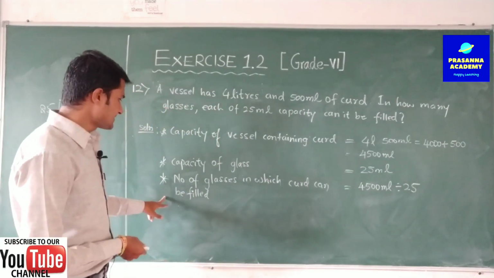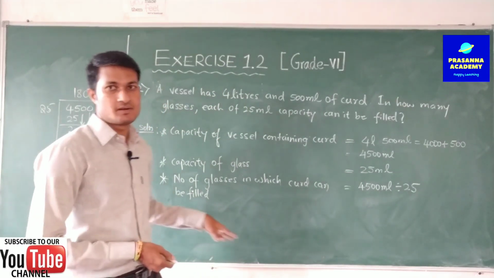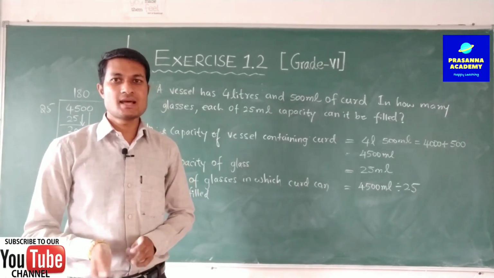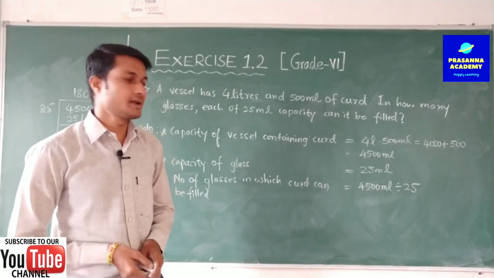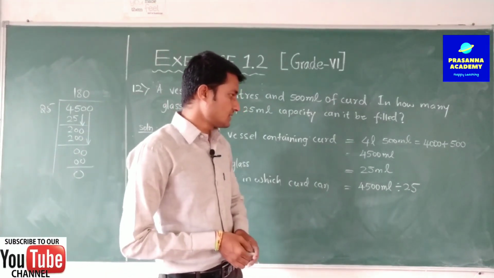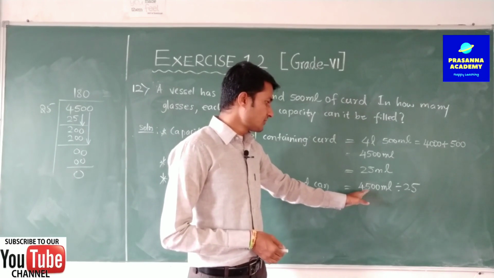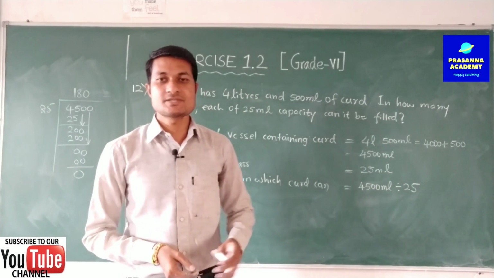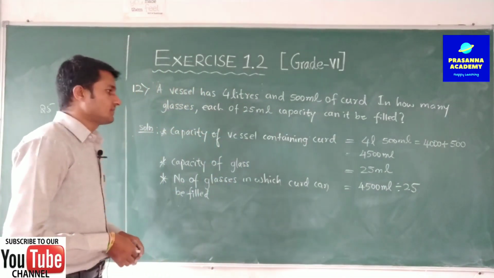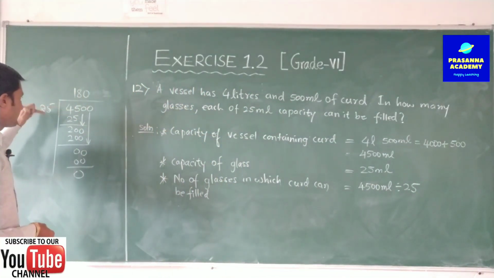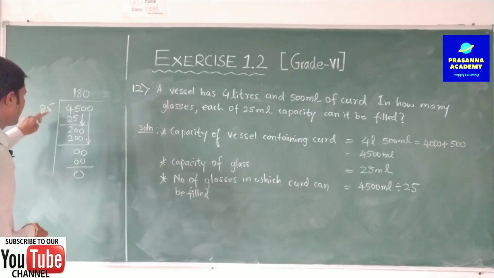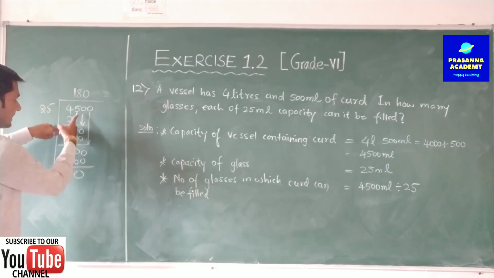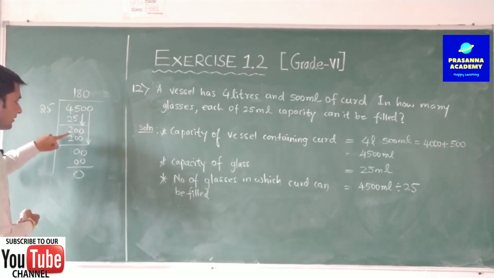Now let us find out how many glasses are required to transfer the whole curd present in the vessel to the glasses. To find it out, we need to divide this 4500 ml, the capacity of the vessel, by the capacity of the glass, that is 25 ml. I have divided 4500 by 25 right over here, as 25 ones are 25. 45 minus 25 will be 20, and I take this 0 down so that I get the new number 200.